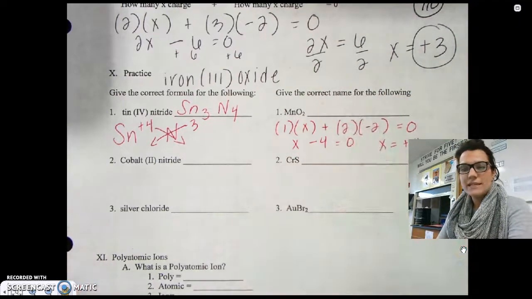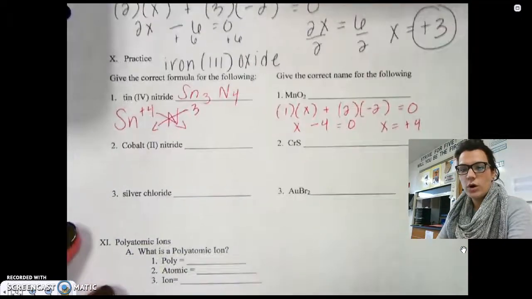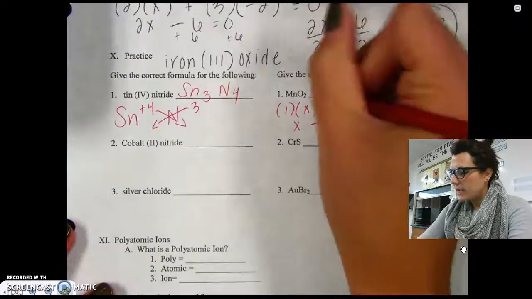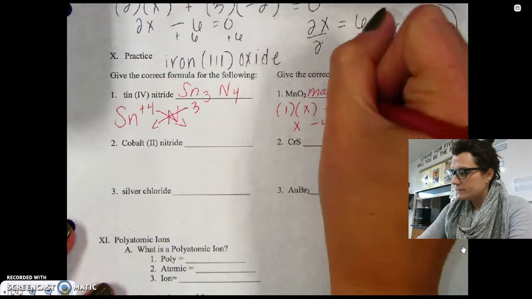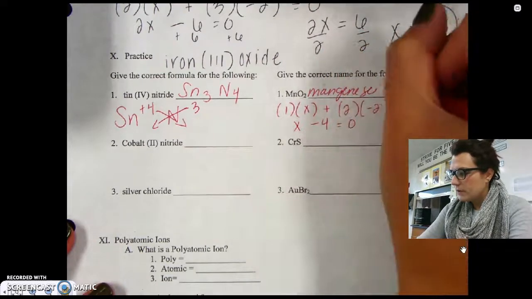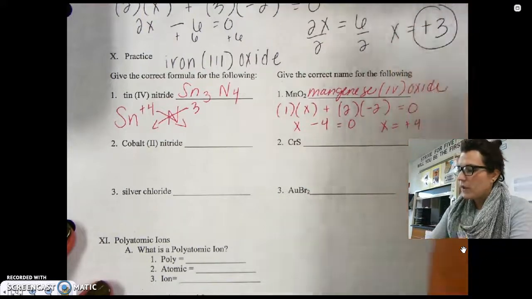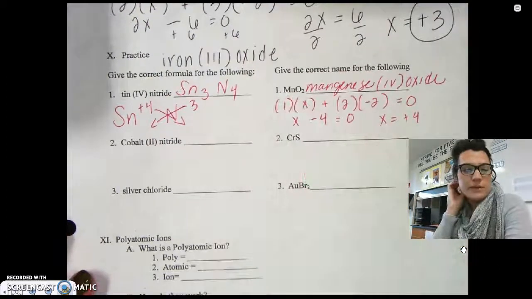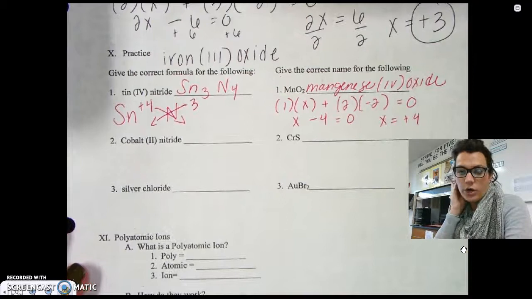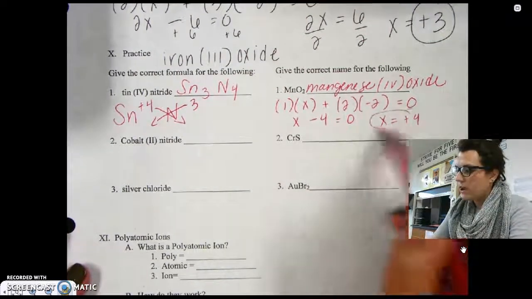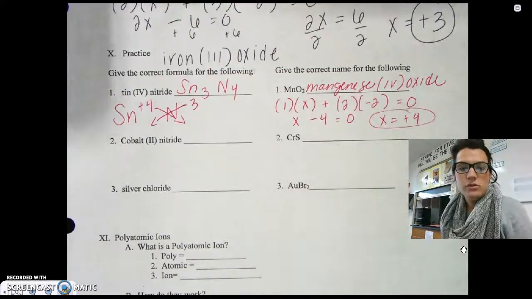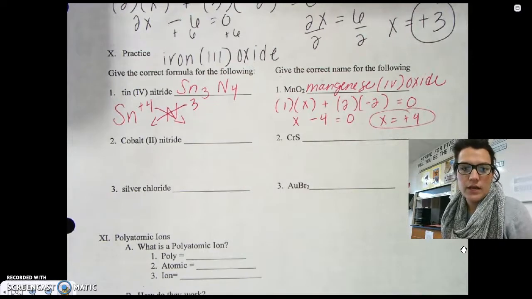Therefore, manganese's charge is going to be 4. So I'm going to write this as manganese 4 oxide. Okay. Now this would be one of those examples where the uncrisscrossing wouldn't work, and you would have to do the math to figure out what the charge would be. So go ahead and try the rest of those, and make sure you write down questions if you have them.